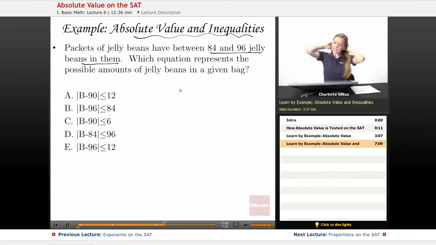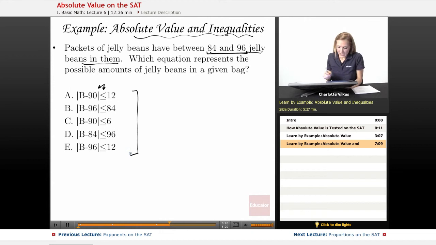These problems will come up, and they'll give you some sort of range of what something has in it, or maybe how thick a given cylinder is. But there's a very specific range, and then we want to be able to use absolute value and inequalities in our equation to show what exactly is being represented.